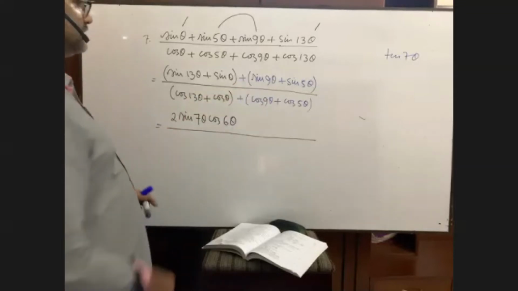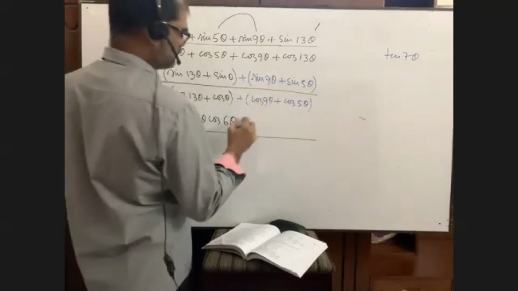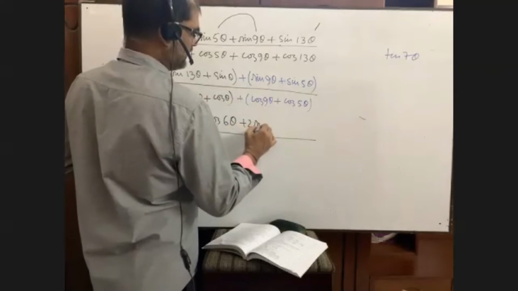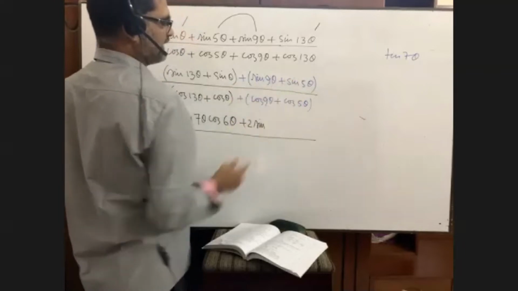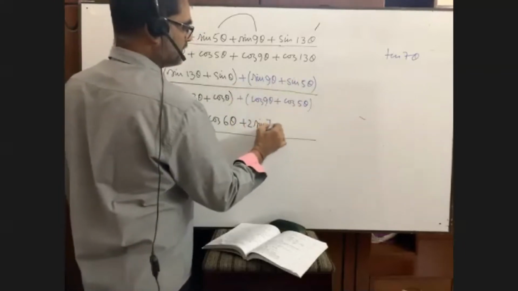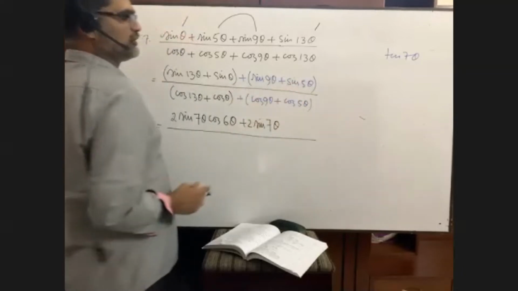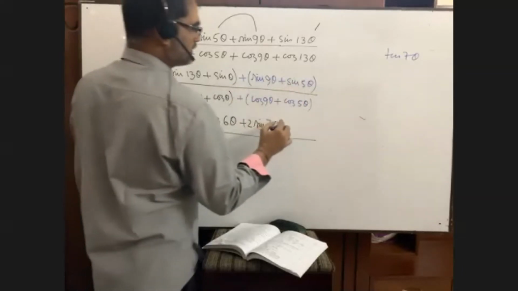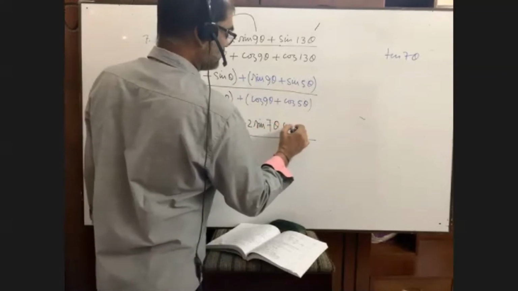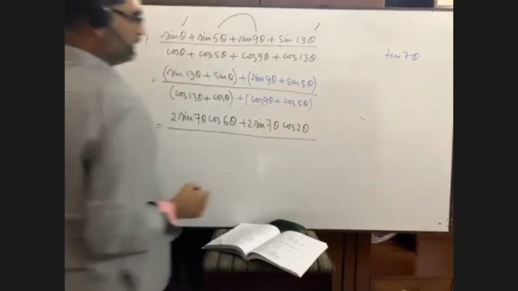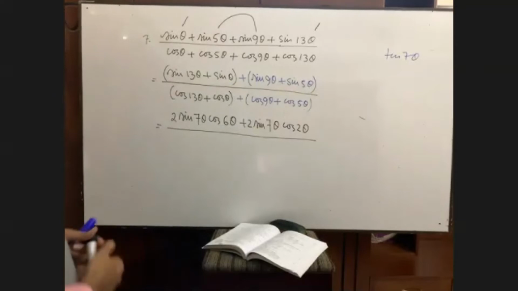This one, sin C plus sin D, let me know. 2 sine 9 plus 5, 14 by 2, 7 theta. 9 minus 5 equals 4, 4 by 2, that is cos 2 theta. Yes, sir.